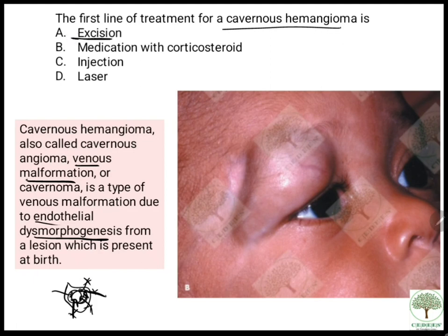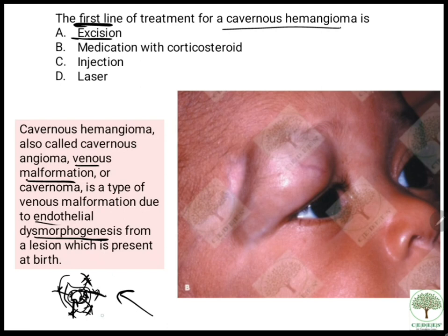So excision, yes, it has to be done, but normally as a first line, what we do is we inject a sclerosing agent, like sodium morrhuate, sodium tetradecyl sulfate, or hypertonic saline. These agents cause inflammation and fibrosis, which causes collapse of these feeders, and if the blood supply of this lesion is cut off, the lesion eventually collapses and becomes smaller in size.